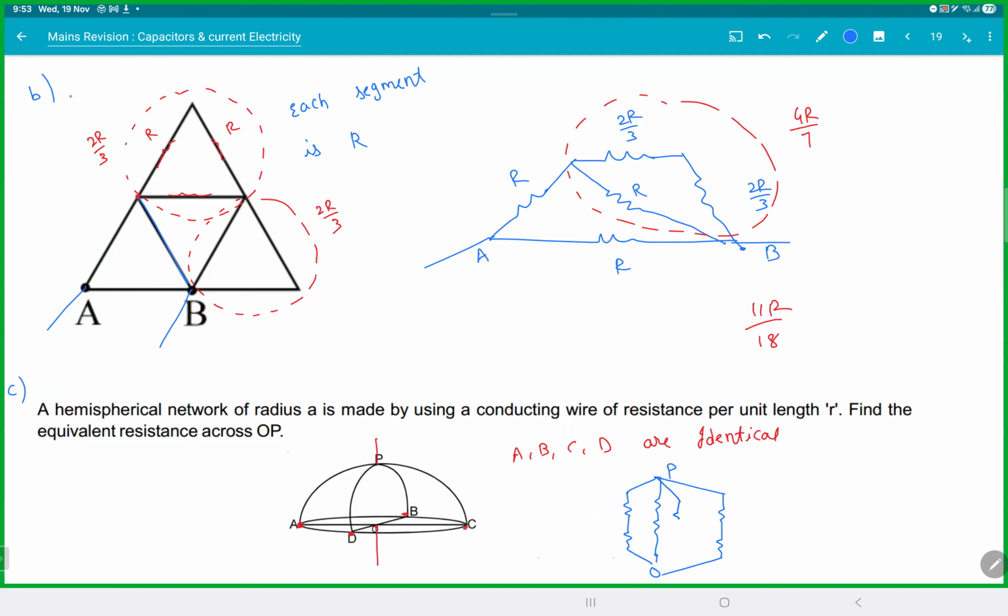There'll be two resistors: R1, R2, R1, R2, R1, R2, R1, R2. R1 is this resistor, which will be rho into length, which is pi R by 2. The other resistor is R2, which is this length, which is rho into R, because rho is the resistance per unit length.